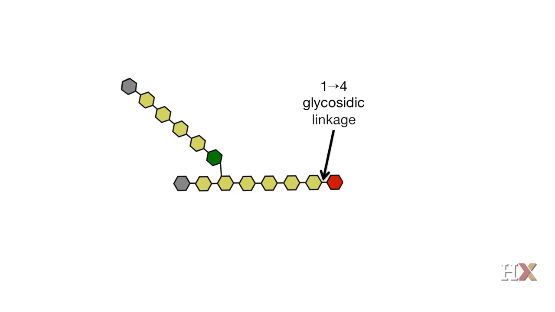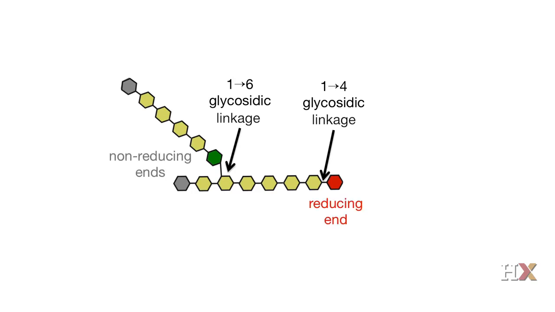Then the complexity of the structure is increased by the addition of branches that are linked by a 1,6 glycosidic linkage. The consequence of this extensive branching is that for one molecule of glycogen, you have one reducing end, but numerous non-reducing ends, because each branch ends by a non-reducing end.